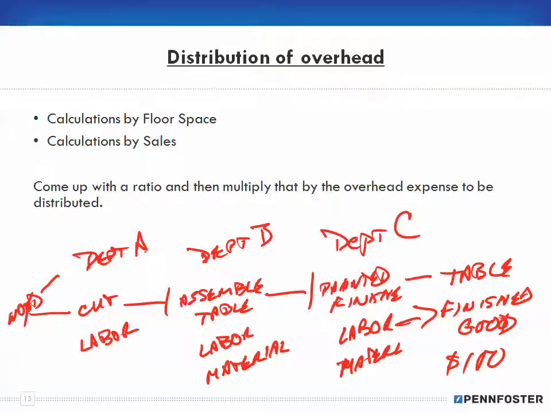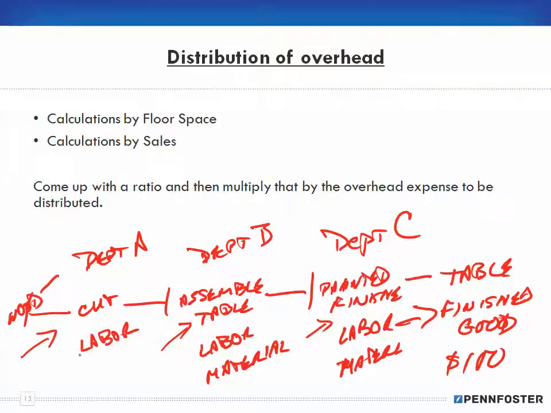Okay. Well, the guy who's going along and cleaning up, obviously there's going to be a lot more to clean up where he's cutting the wood, because there's a lot more sawdust all over the floor, versus in Department B in assembly, there's hardly anything to clean up there. Okay. And the same with over here at Department C. So how do you distribute his labor between all three departments?